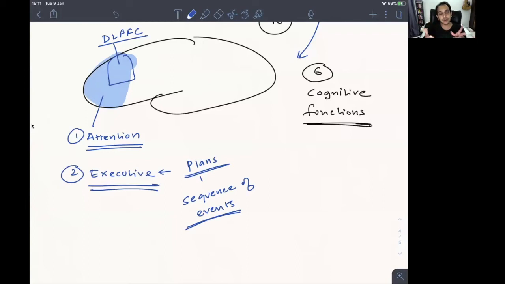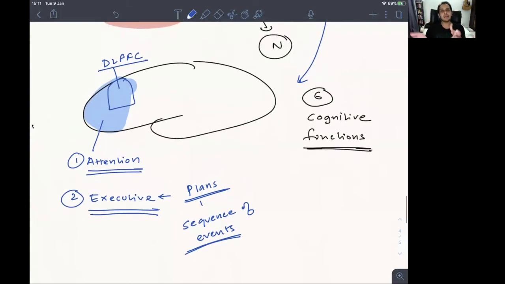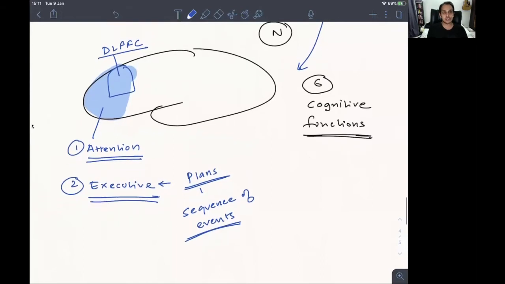Your executive center, your dorsolateral prefrontal cortex, will tell you that first you put the kettle, then pour water, then switch on the stove, then put the tea, and so forth. If you get the sequence wrong, even if you are paying attention, you won't be able to achieve your goal. So the second part after attention is executive, and that comes in your dorsolateral prefrontal cortex.